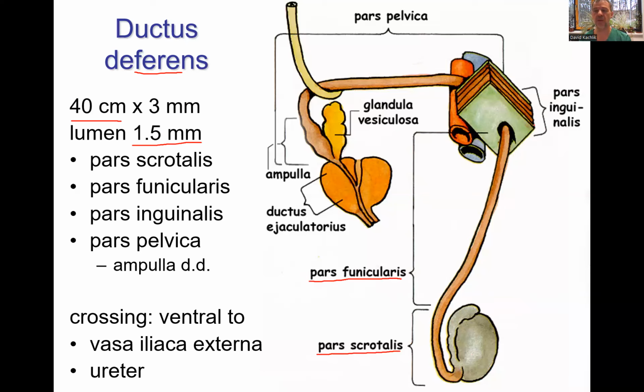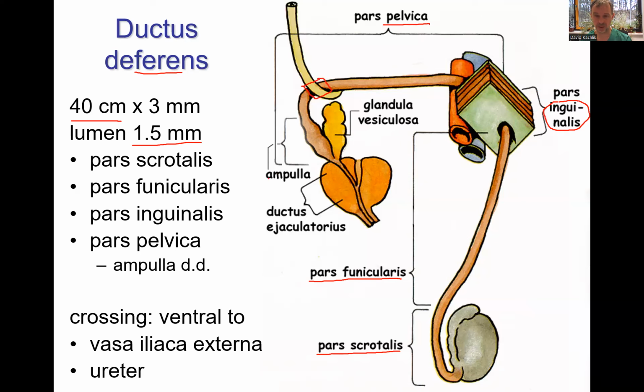Then it comes back to the trunk and enters the inguinal canal, so we have the inguinal part, which is quite short, and then it becomes transverse in pelvis, which is very unique. No other structure is transverse in lesser pelvis. So we have the pelvic part. Then it turns around the ureter, and it is located ventrally to the ureter here.